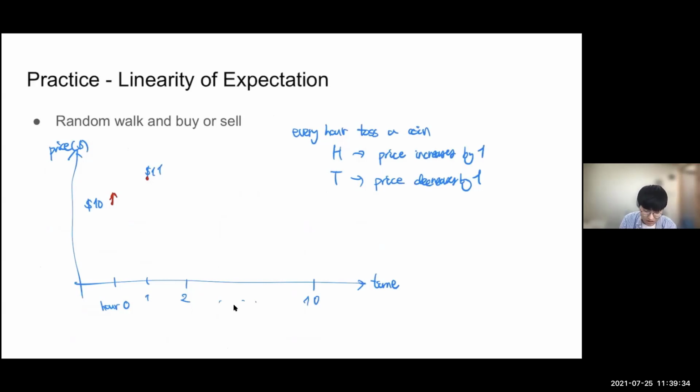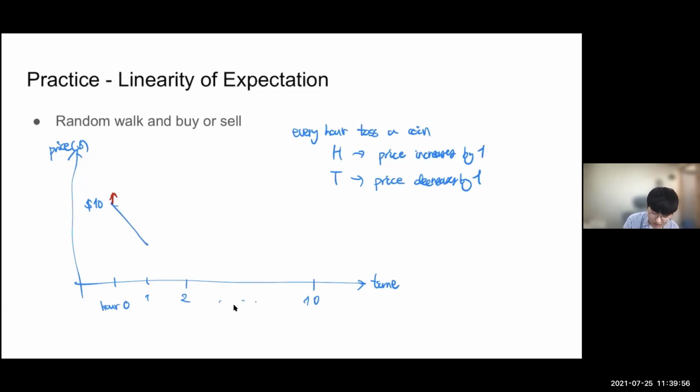It might reach $11 a year afterwards, but you just wait for it to reach $11 because you think maybe it will. So this is a strategy and you will almost surely gain $1 from it.